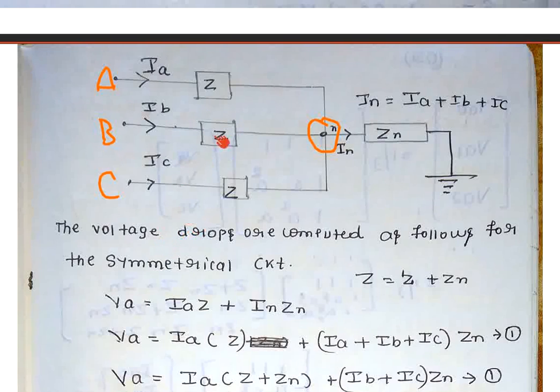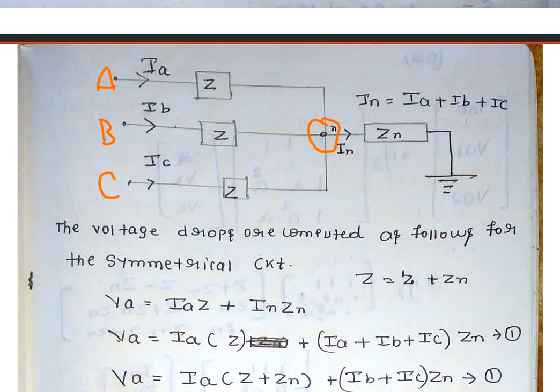Now we will find the voltage drop across phase A, phase B, and phase C. How do we give the voltage drop? For phase A, it is current into impedance, V equals IZ. So the voltage is IAZ here, plus INZ here, from here to here, because we are considering a symmetrical circuit.